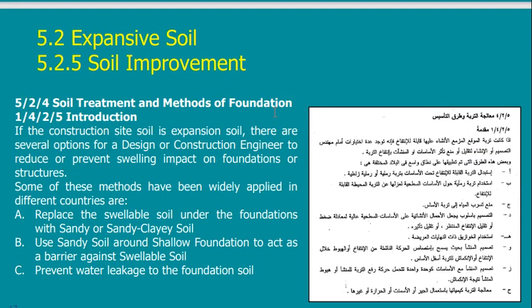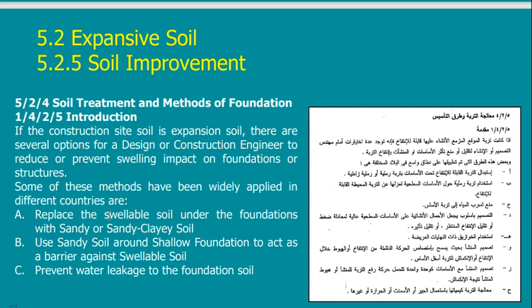There is something called soil improvement. Soil improvement, this is also from the code, and this is the translation. Soil improvement means that I find problematic soil, I cannot deal with it in this shape, I have to change it.